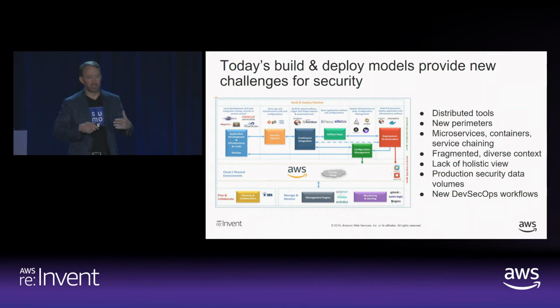And all of this, combined with the DevOps trend, increases the cycle time pretty rapidly for how often these applications are updated and released, ideally down to weeks and days as opposed to the old months and quarters. So all of these things take an already challenging security problem and add significant complexity to it.